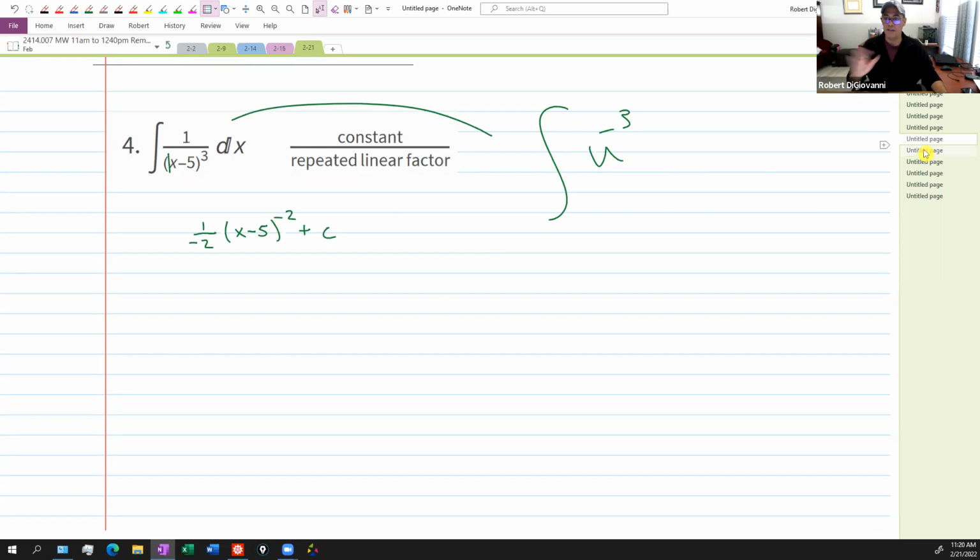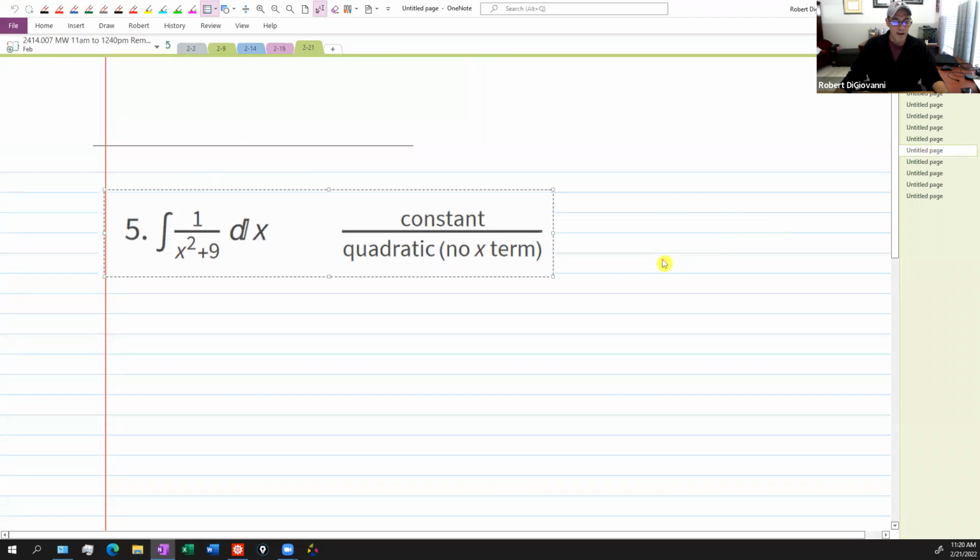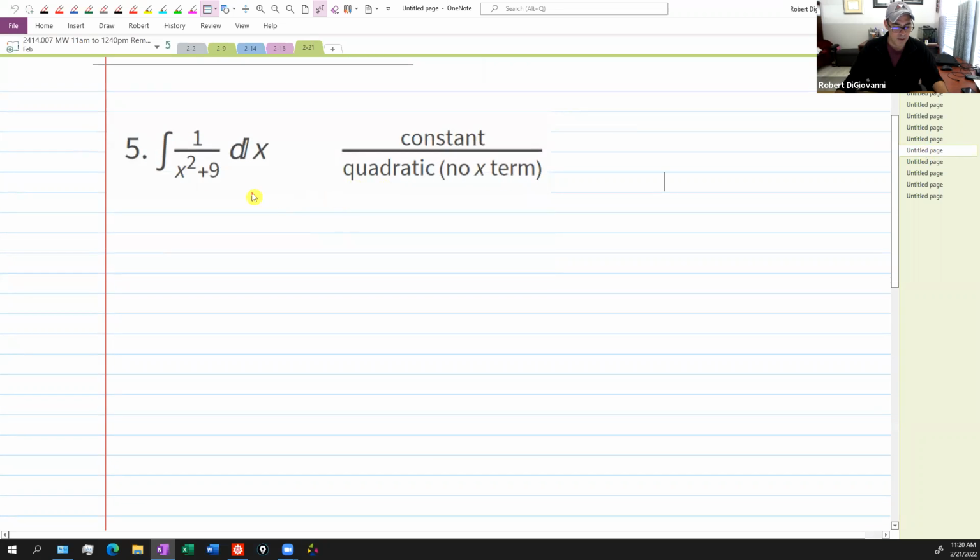Okay, that's it. Now we move on to the next type. What if you have, well, we did this one already. So what if you have a constant over a quadratic? Notice we have a quadratic in the denominator, but the quadratic is missing the X term. We have no X term, all right? And we have a plus right here.